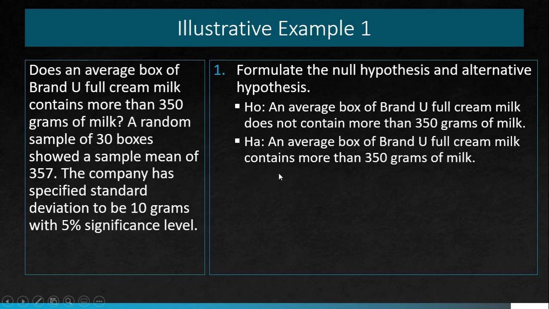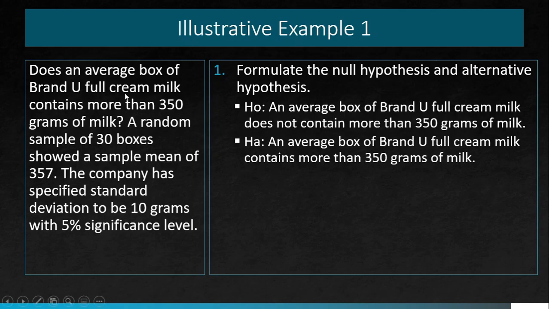So we are now stating that it contains more than 350 grams of milk. With that, you now have your null and alternative hypothesis. Or if you want, you can identify the population and sample from your data, and then use that to create your null and alternative hypothesis.